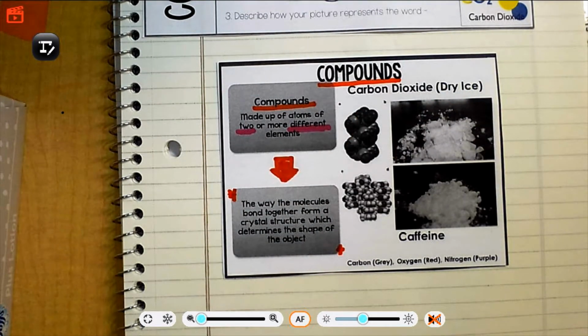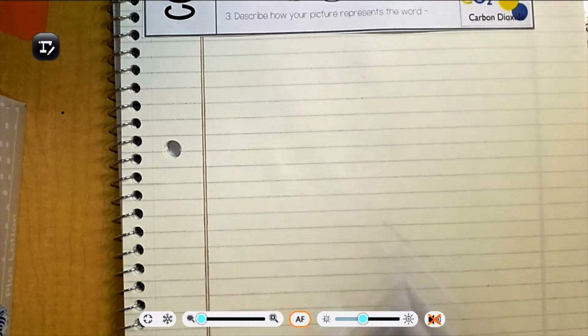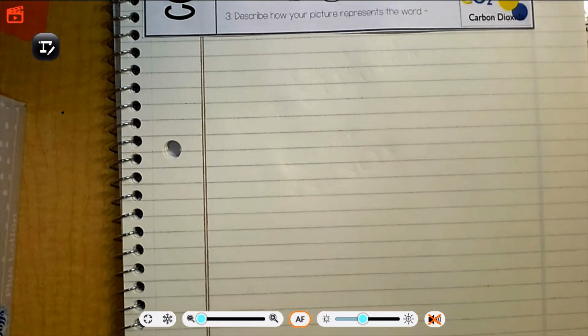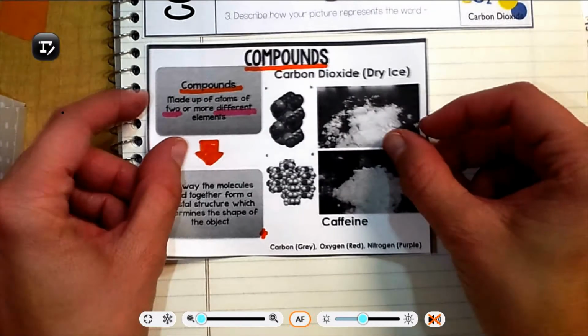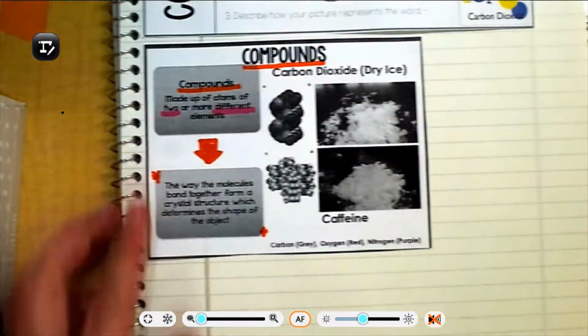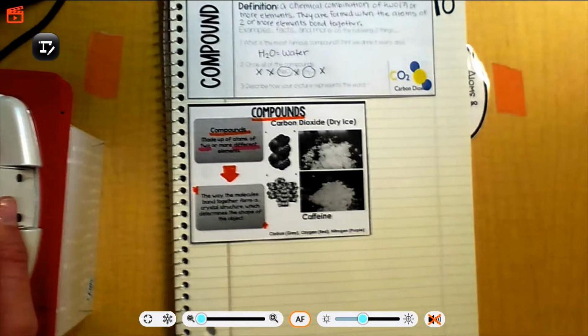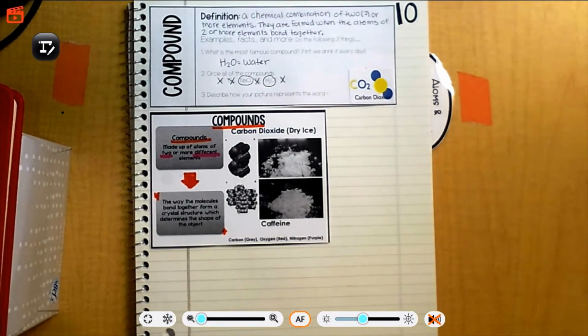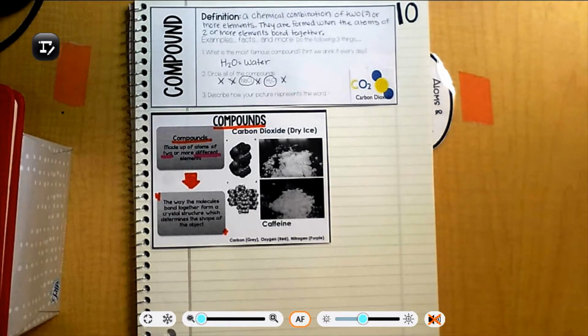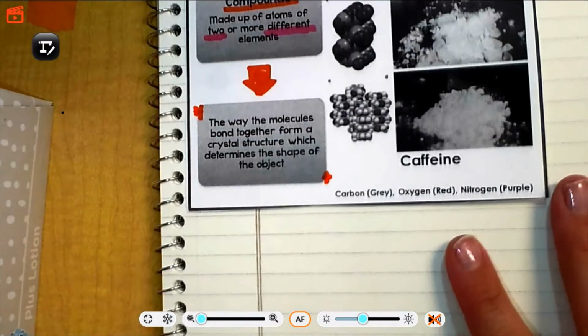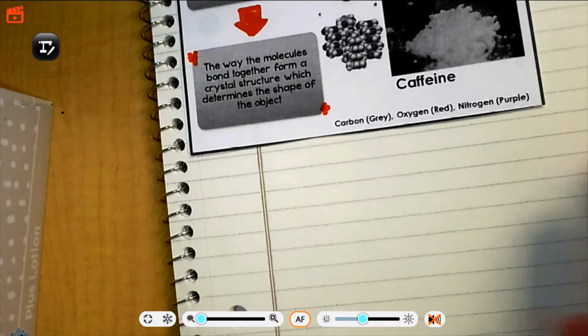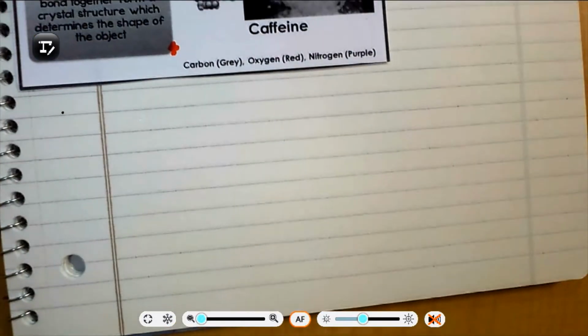So get that glued in underneath our word compound, then we are going to do a few notes. Hopefully not too many. So yeah, our word compound. So your page should look like this so far. And we're going to work starting down here, underneath that. So remember, pause this at any time if you need to get caught up.